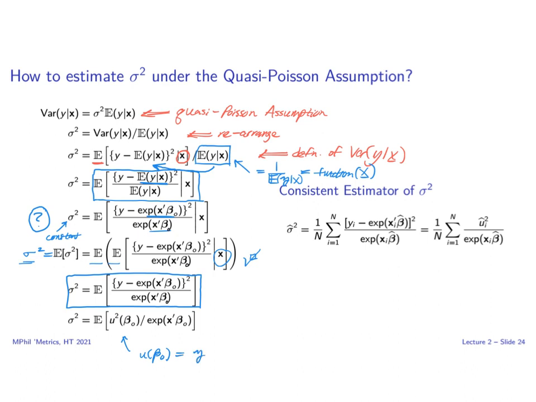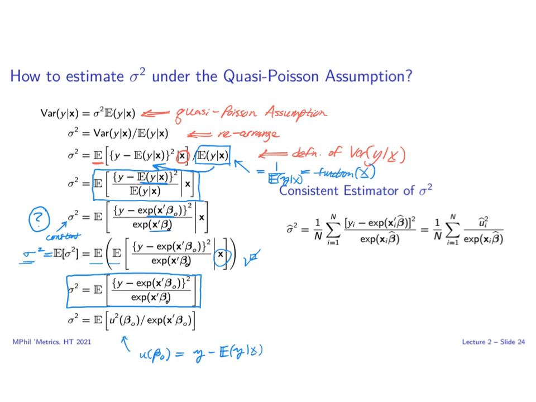And by the definition of the residual u from earlier in this video, we find that sigma squared is equal to the expected value of u squared over e to the x prime beta naught. Now, this expression is a bit more helpful for thinking about how to estimate sigma squared.